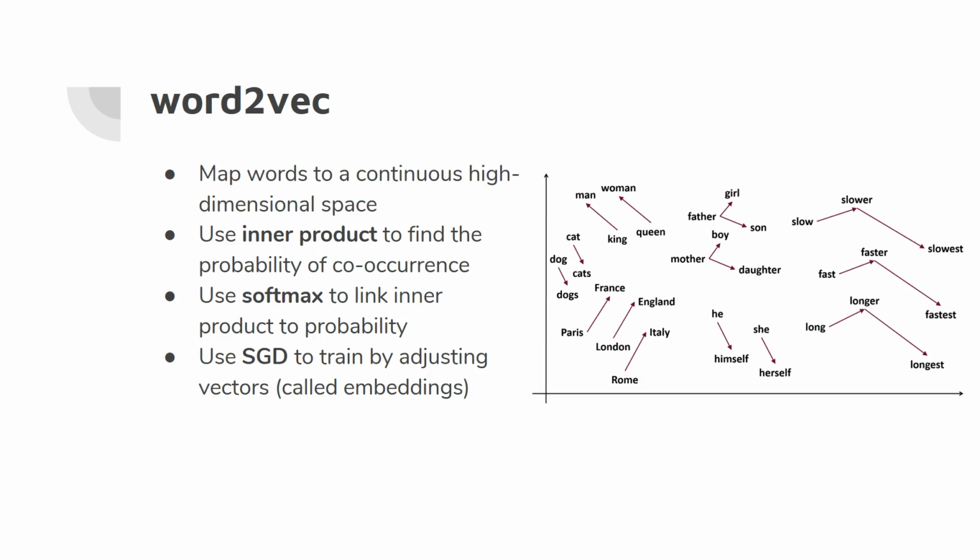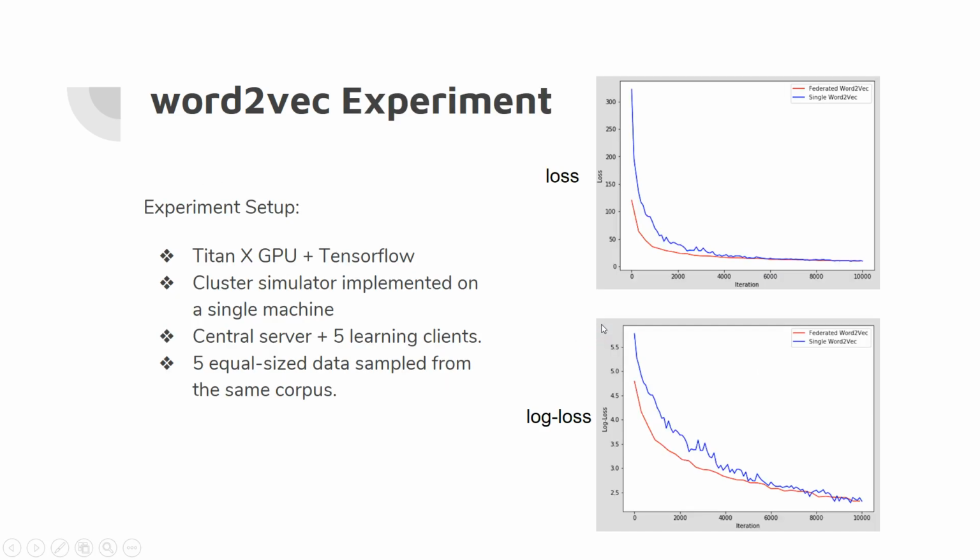We use the softmax to link the inner product to the probability of the co-occurrence, and use stochastic gradient descent to go over a lot of text data, see the frequency of their co-occurrence, and adjust the positions of their vectors. So we adapted this strategy of federated learning onto the word2vec model.